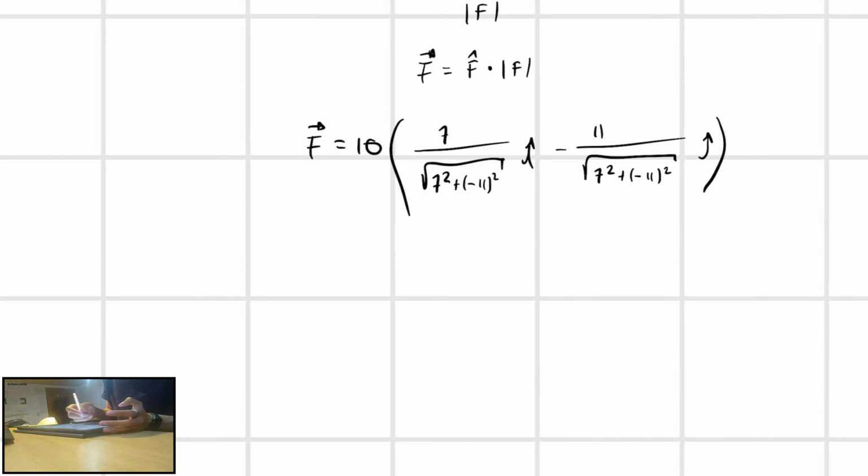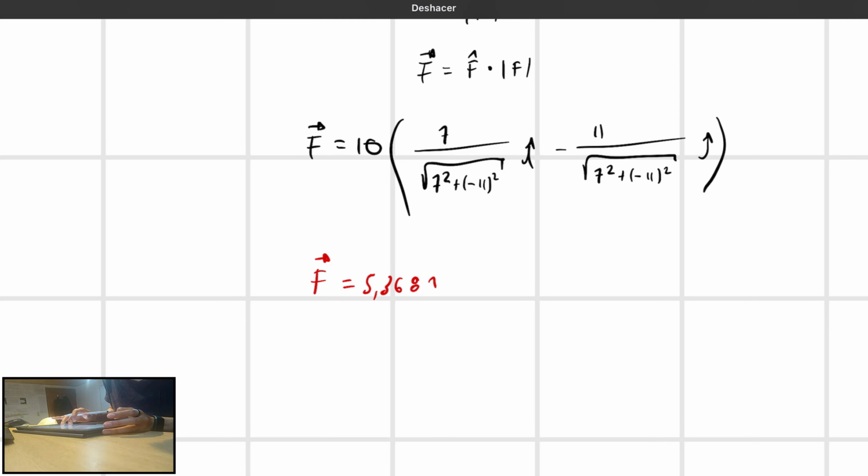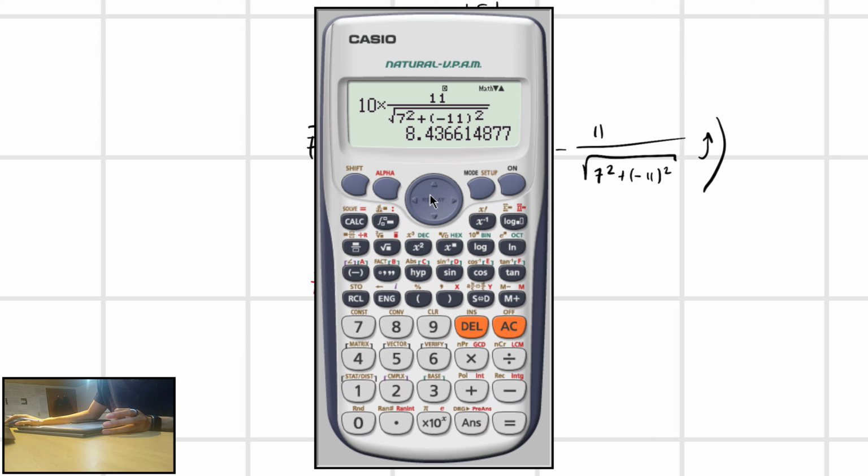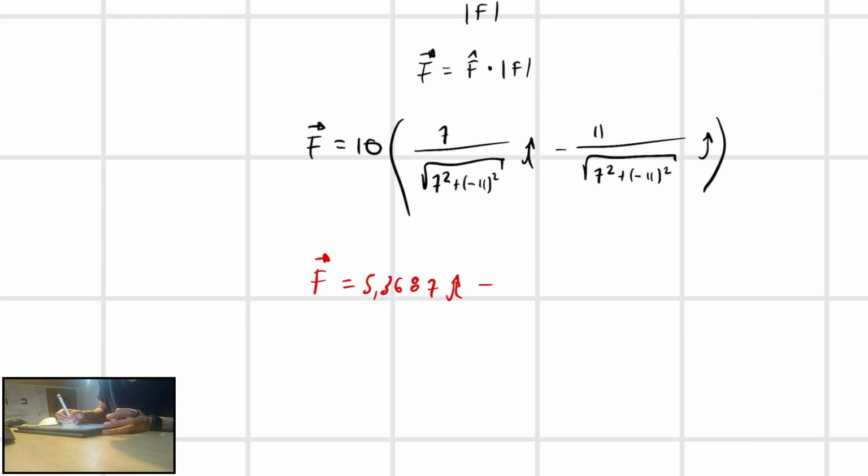The vector F is given by 5.3687 in the i direction minus, remember this minus, because of the 11, 8.4366 along the j direction, and this is in pounds.